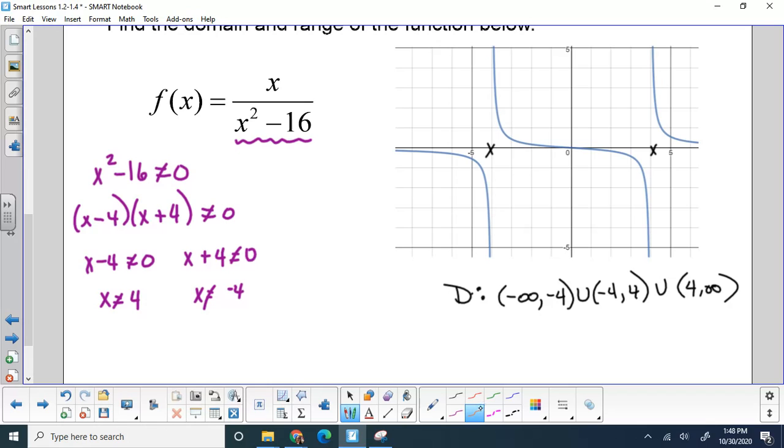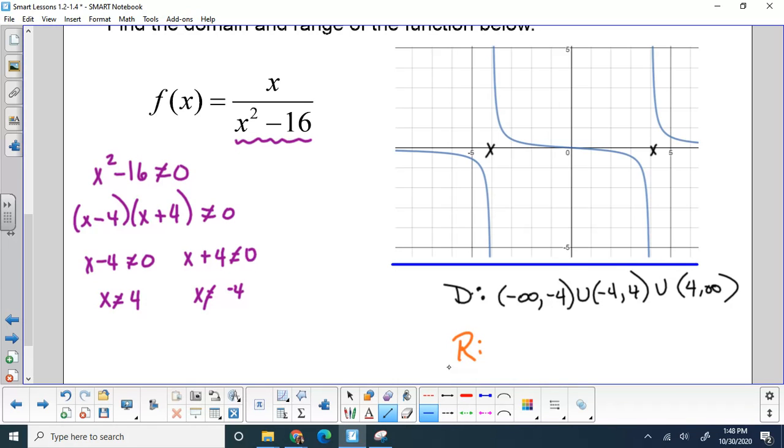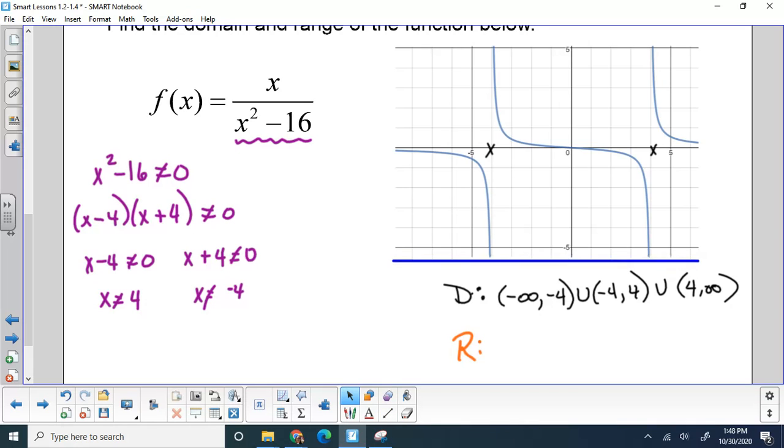Next, I want to take a look at the range of this function. As I look at this function, I am going to look graphically, and I sometimes find it's easier to see if I drag a line. Now, this is not the vertical line test. This is just me giving you a visual cue. As I drag this line over my graph, is there any point where the blue graph does not exist?